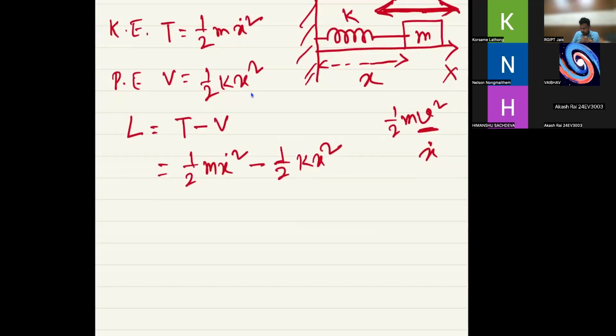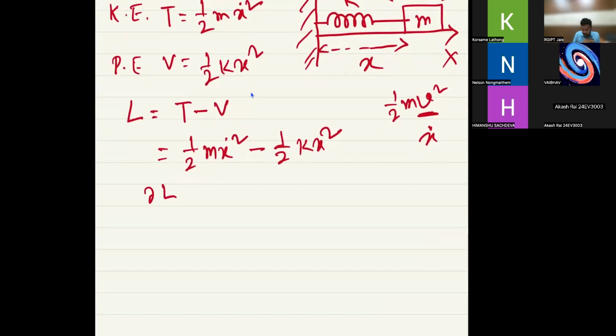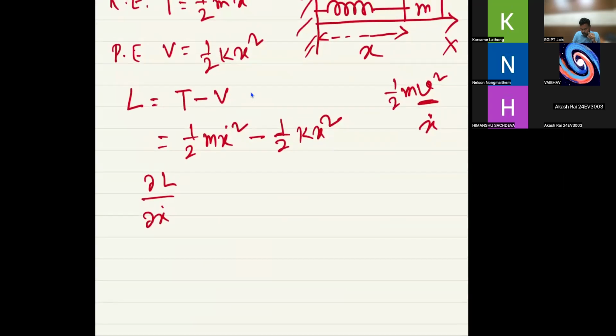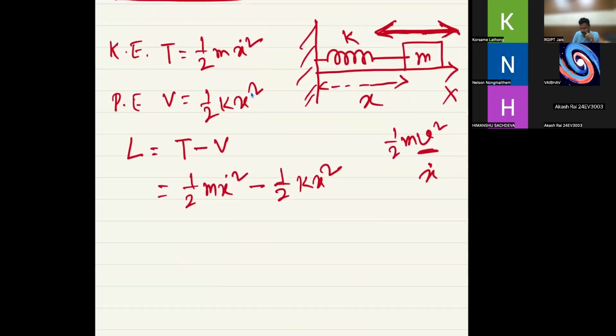This is the Lagrangian. Then what is the value of del L del x dot? Now in Lagrange's equation of motion, we have del L del qj dot and del L del qj. We need to find these derivatives. But before going there, what is the generalized coordinate in this problem? How many degrees of freedom do we have in this case?